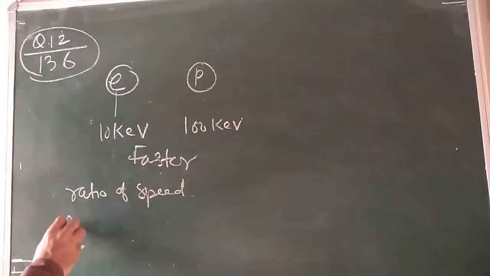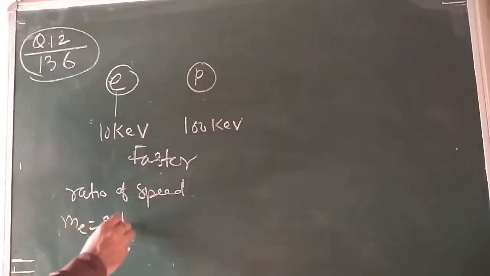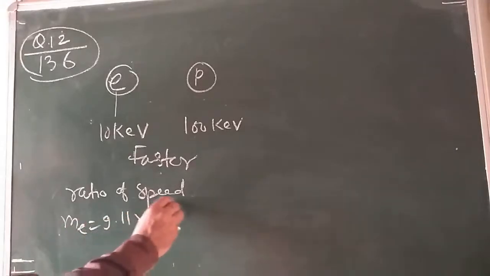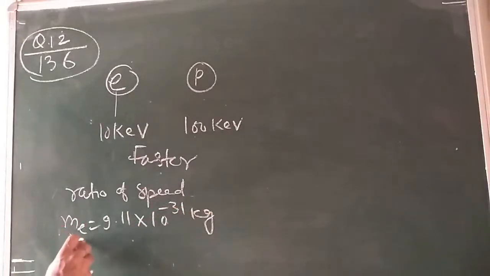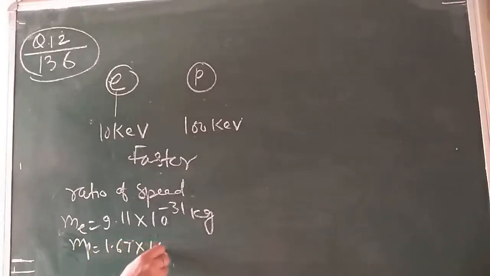Mass of the electron is given, 9.11 into 10 to the power minus 31 kg. Mass of the proton is 1.67 into 10 to the power minus 27 kg.